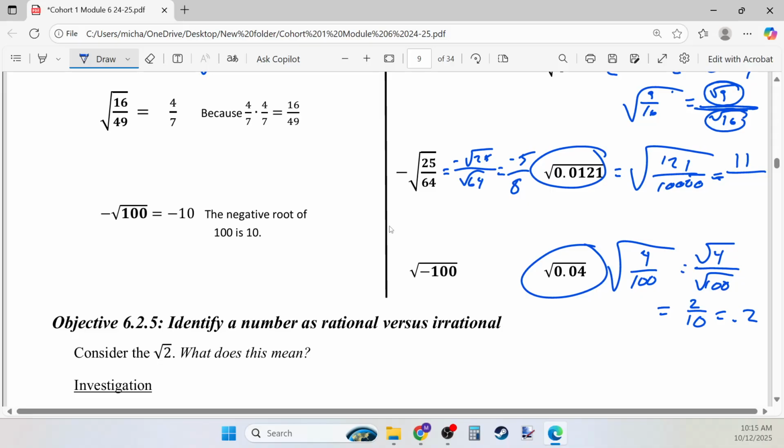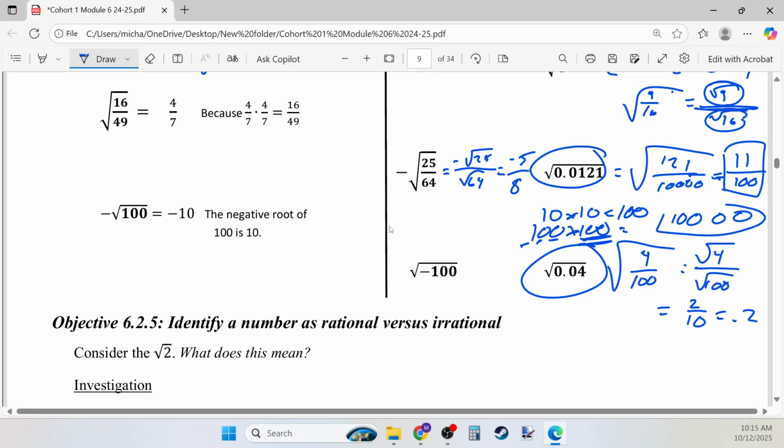Something times itself equals 10,000. I know 10 times 10 is 100. Maybe if I try 100 times 100, well, when you multiply 100 by 100, you get 0 in the ones place, 0 in the tens place, and 1 times 100 is 100, so that is 10,000. That over 100, and there is our answer.